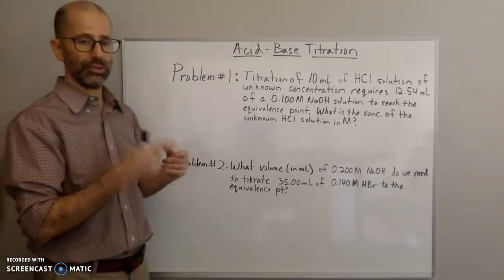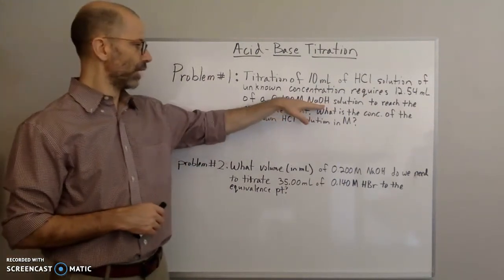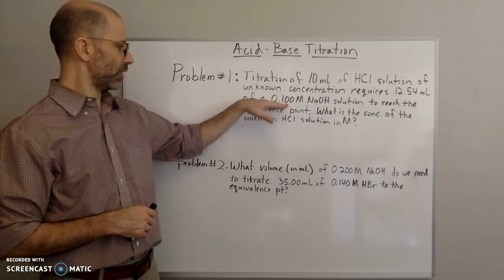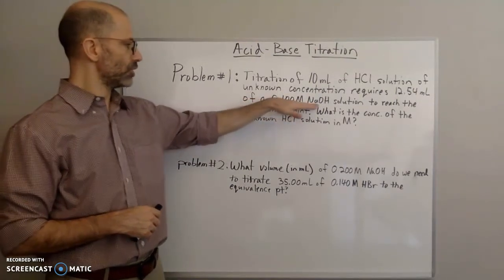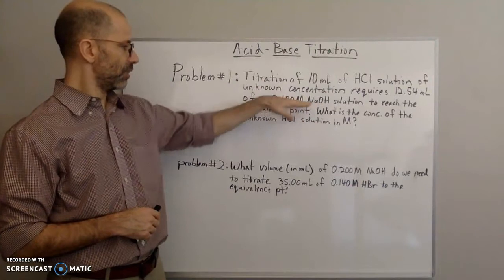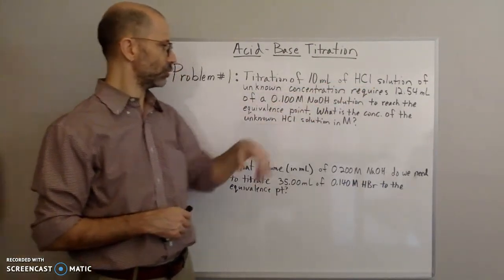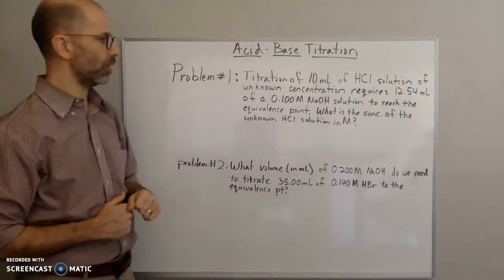You do the titration, and your burette has NaOH in it, and the molarity of the NaOH is 0.100 molar. So you're titrating by adding this NaOH solution to your HCl solution, and this requires 12.54 milliliters.